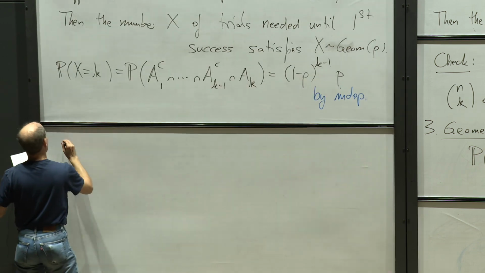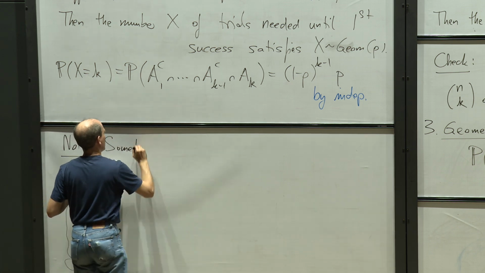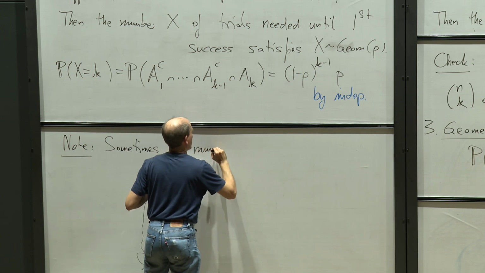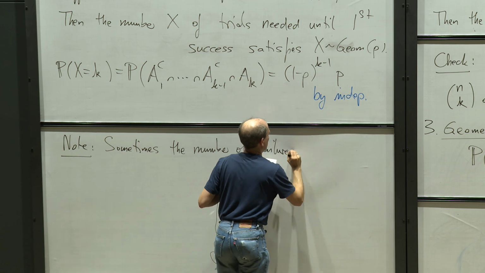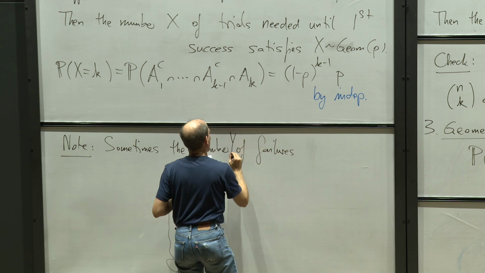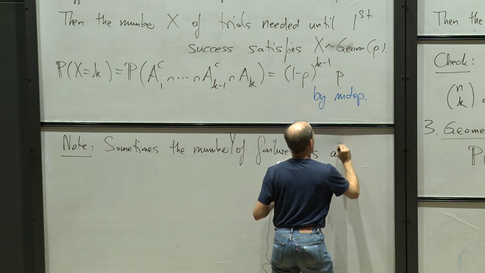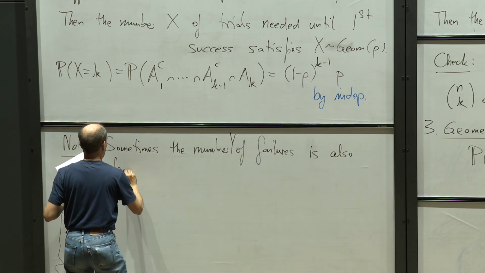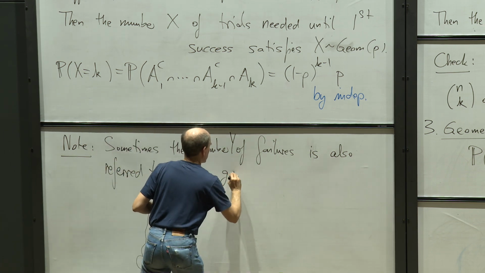So note, sometimes, in the same context, the number of failures, let's call it y, the number y of failures is also referred to as a geometric distribution.